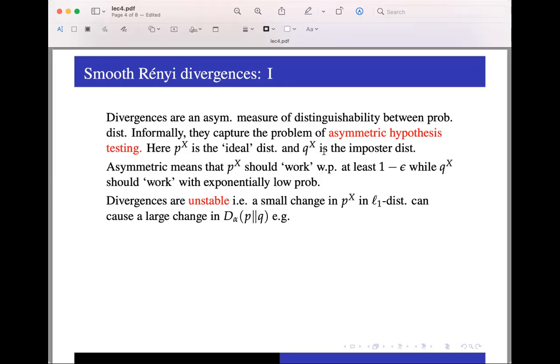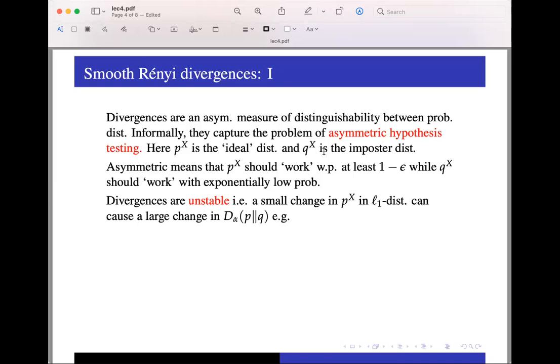Let us say P prime x is epsilon close in L1 to P. Now, I don't want my machine learning algorithm to go for a toss. How can it go for a toss? The algorithm will still accept the perturbed distribution P prime with maybe probability 1 minus 2 epsilon. P was being accepted with probability 1 minus epsilon. My cat has aged and now it looks like P prime. It will still accept P prime with probability 1 minus 2 epsilon. No problem about that. That's okay.